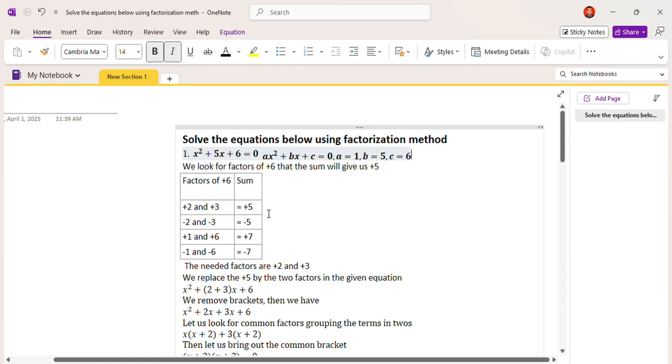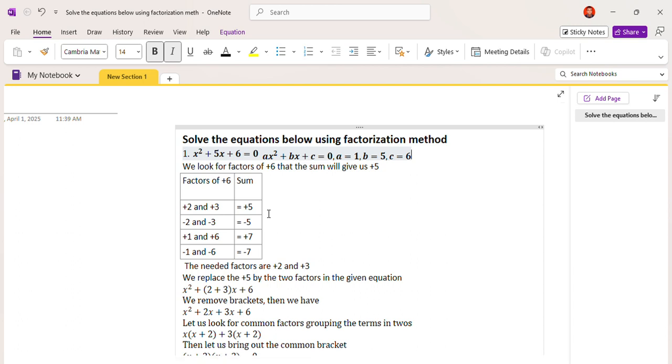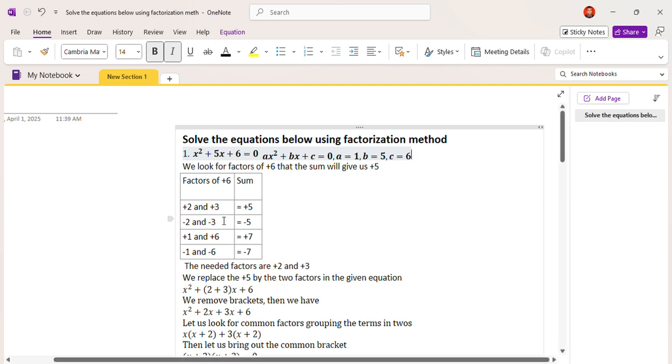Now, let's see whether we can get other factors whose sum will give us 5, because first of all we have to list all the factors. Minus 2 and minus 3: minus 2 times minus 3 gives us 6, but minus 2 plus minus 3 gives us minus 5, so we don't need it. We are looking for the one whose sum gives us plus 5.